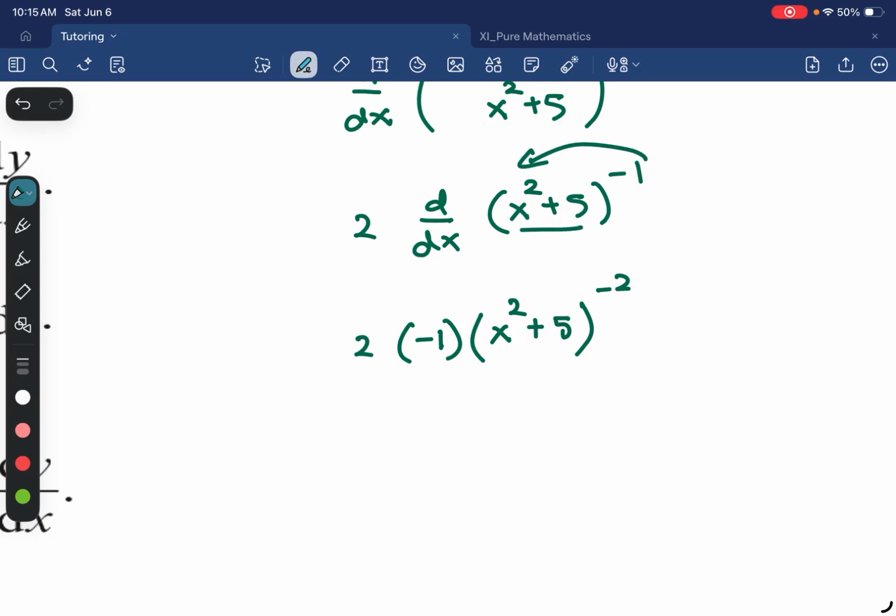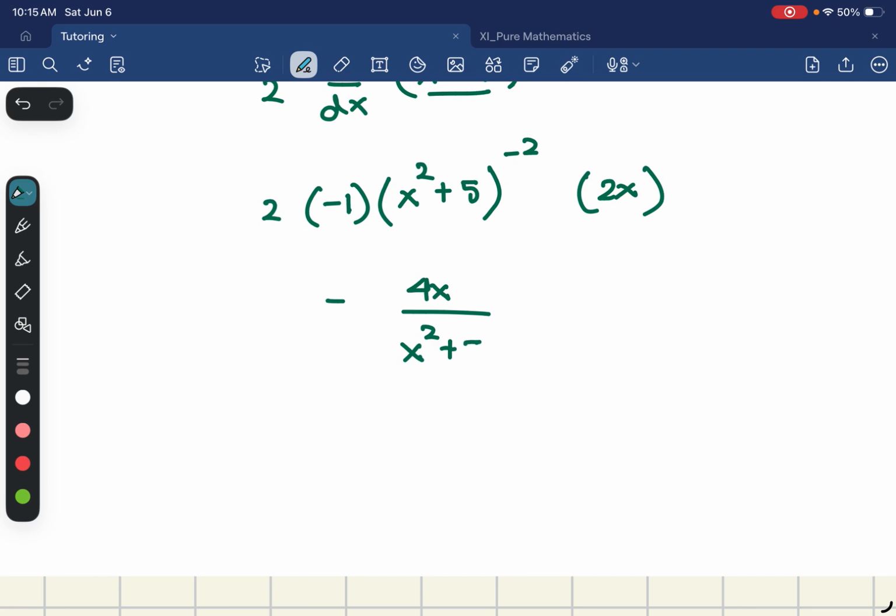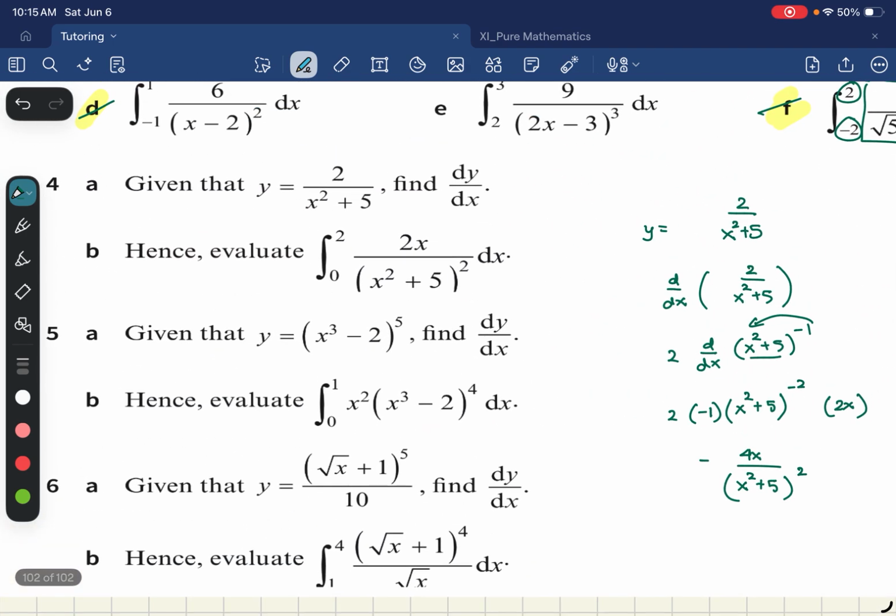But it is a function inside, so you need to differentiate it again. And yeah, if you differentiate this, you are going to get 2x. And I leave you to figure that out on your own. But your final answer is going to look like -4x divided by x squared plus 5 squared. All right, so that is your solution.